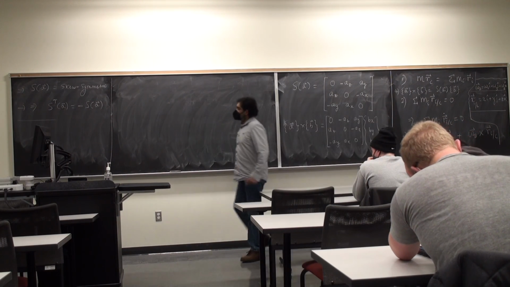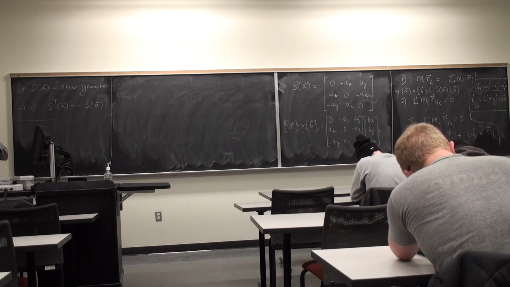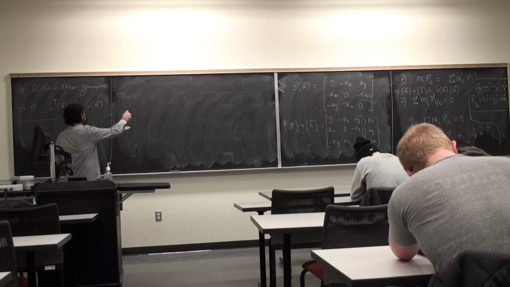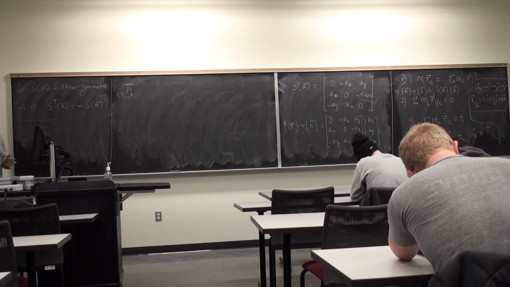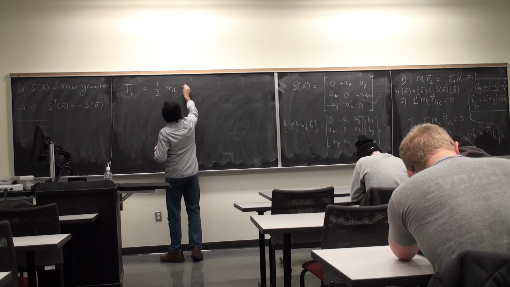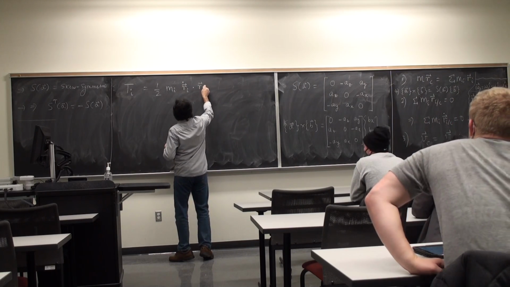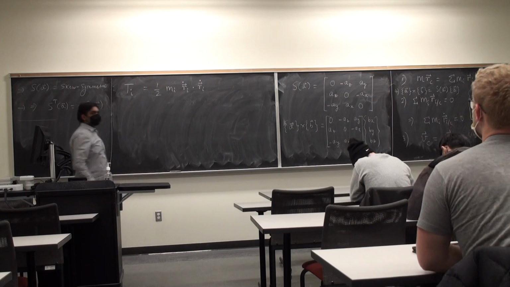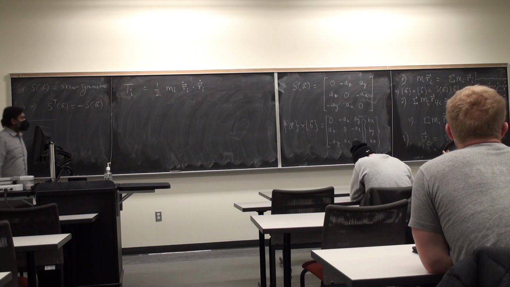Okay? What's my aim? My aim is to obtain an expression for the kinetic energy of the rigid body. So let's do that. Start off with the kinetic energy of the ith particle. This is half mi ri dot, dotted with ri dot. ri dot is nothing but Vi.